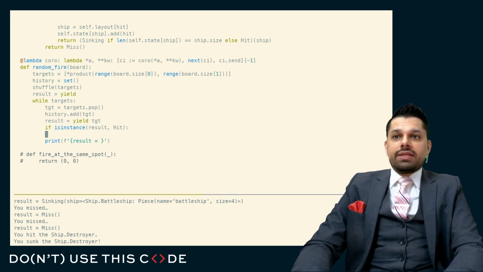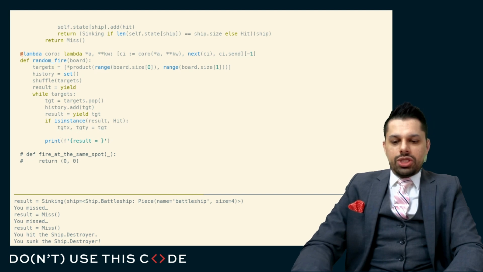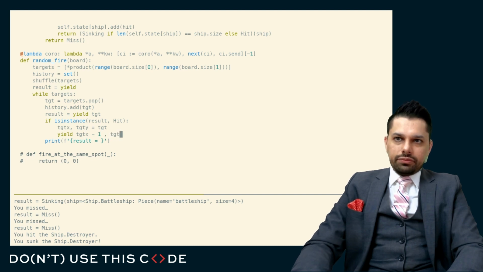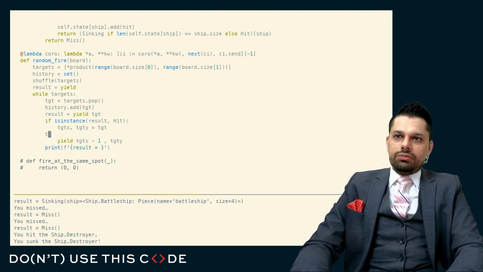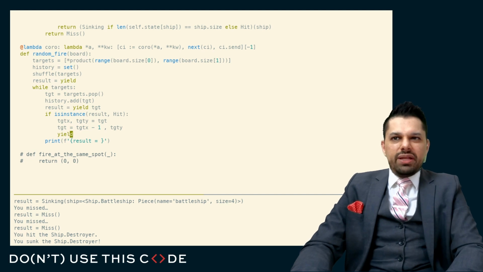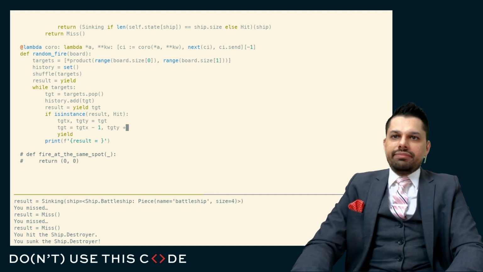So we can take that target, and this is the target X and the target Y, and we can just try to yield the target X minus 1 and the target Y. So this is our new target. Is these components. And here you can see maybe I could use a NumPy ndarray for this would have made my life a little bit easier, but not too much easier.